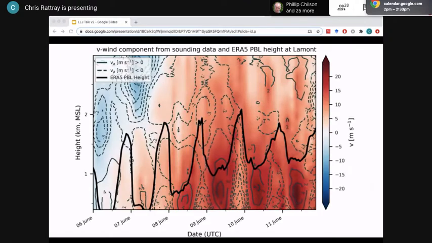So to better understand this evolution, we begin by looking at how the southerly winds evolve. In this figure, the colors are the V wind at Lamont, and the contours are the ageostrophic component calculated using sounding data from other sites. And the black line is the boundary layer height from ERA5.